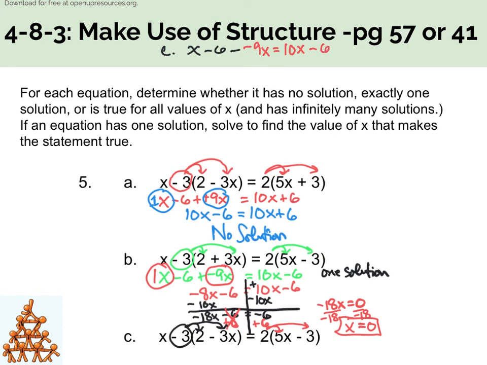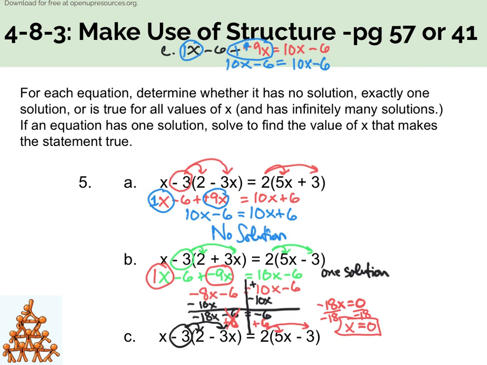Let's combine like terms on both sides. So I have 1x minus a negative 9x is actually adding. So 1x plus 9x is 10x. We still have our subtract 6. Right-hand side is the same thing there.